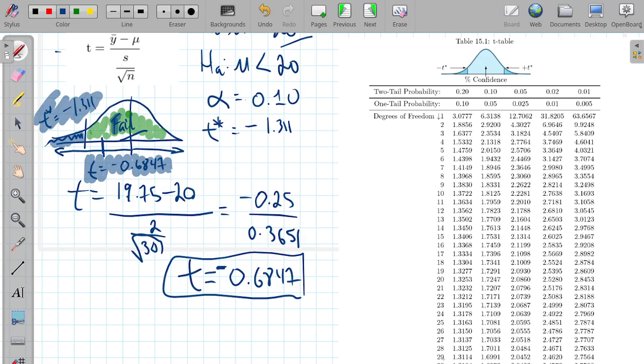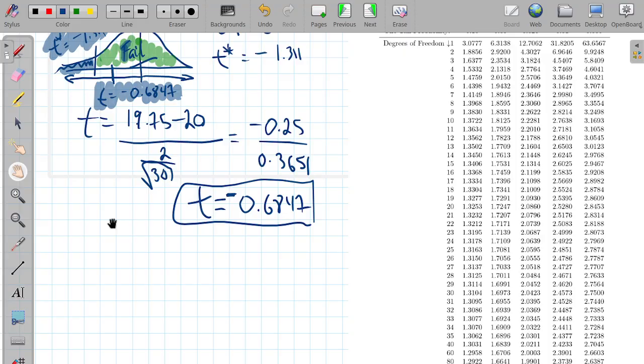Our test statistic, and this is where we ignore the negative sign, is 0.6847, which is smaller than this value, which means our p-value then must be greater than this value. So either way we do this, we end up with the same conclusion, that we fail to reject the null.